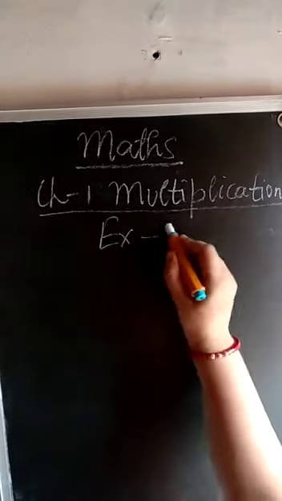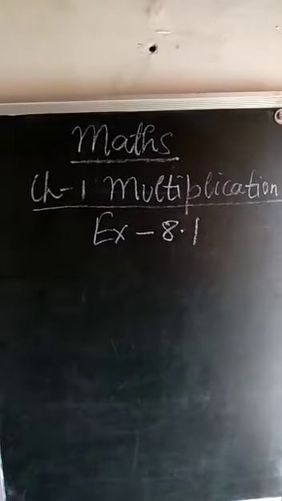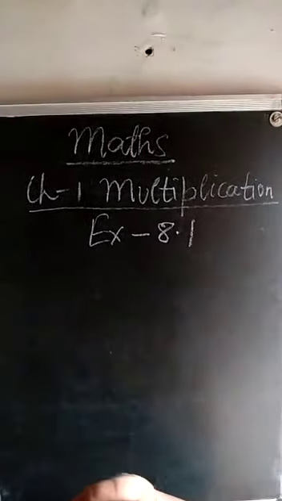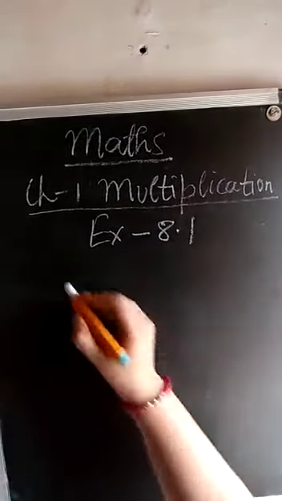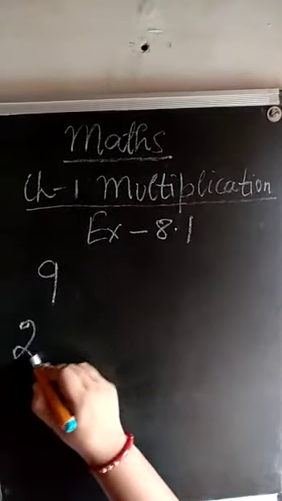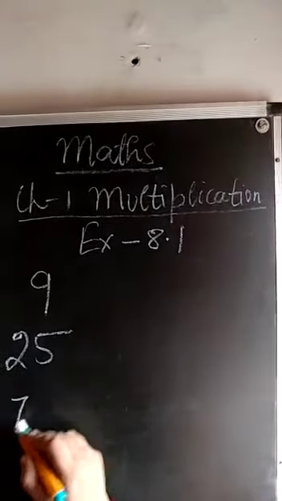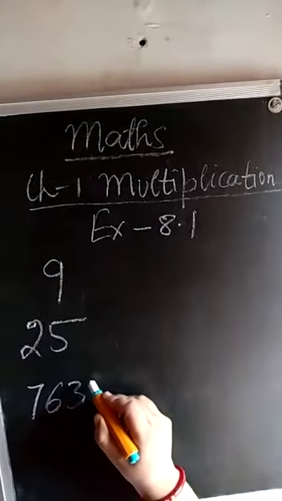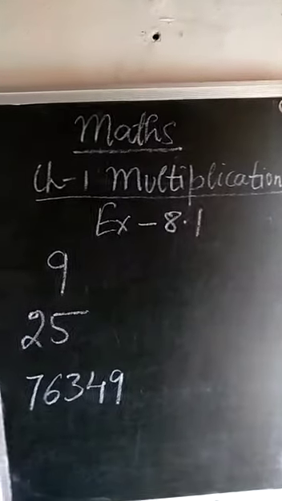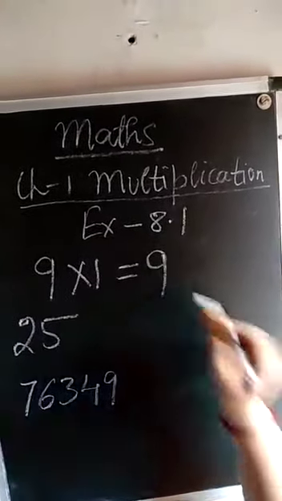Your exercise is 8.1. But before starting that, there are two main things that you should be aware of. Whenever we multiply any number by 1, for example I am taking number 9, say 25, and any much bigger number you can also choose, such as 7, 6, 3, 4, 9, it will become the same number.